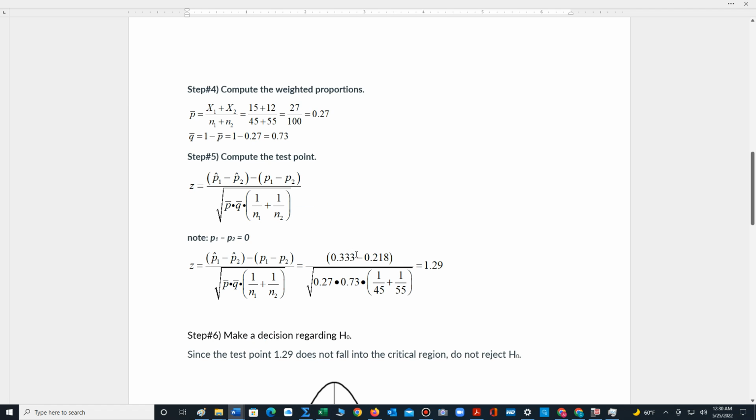We plug those values in. I like to leave out the difference of the population means because they are equal to 0. So instead of writing minus 0, I just leave it out because there's nothing there. P bar is 0.27. Q bar is 0.73. We have 1 over 45 plus 1 over 55. And when the computations are completed, we should end up with 1.29.